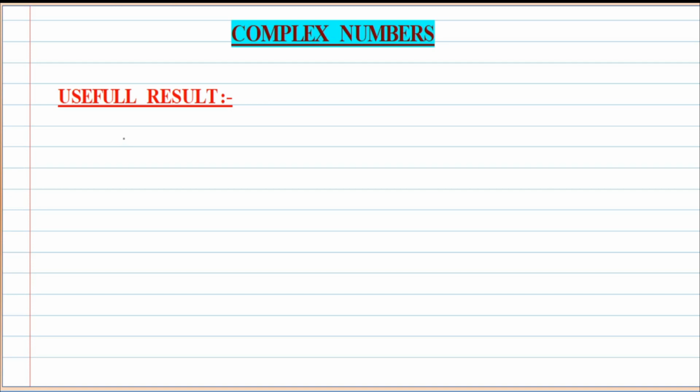So first of all, we have already found iota, meaning the imaginary unit. From this word we have taken i as the square root of minus 1. That implies i square is equal to minus 1, and i cube is equal to minus i, and i to the power 4 is equal to 1.